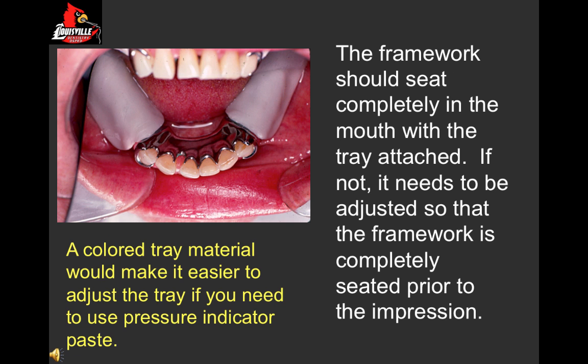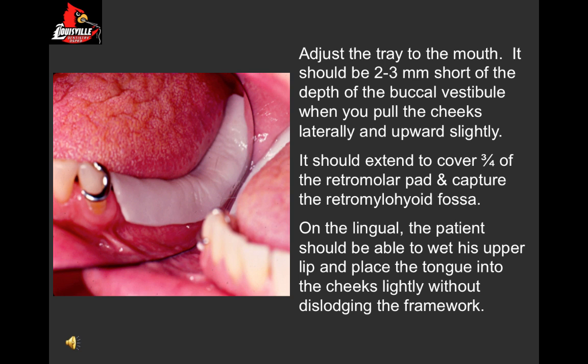When you take it to the mouth, the framework should be completely seated in the mouth with the tray attached. If not, it needs to be adjusted so that the framework, all of the rests, and the major connector will be completely seated against the teeth. Adjust the tray to the mouth.